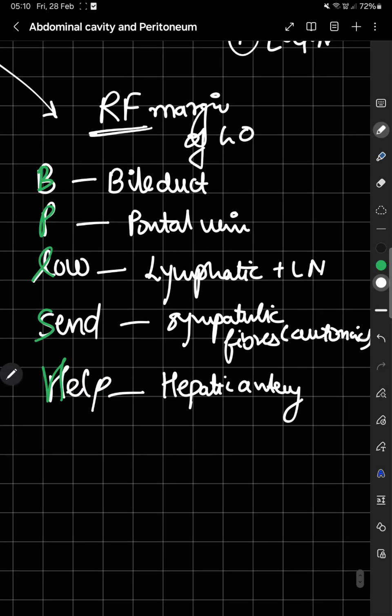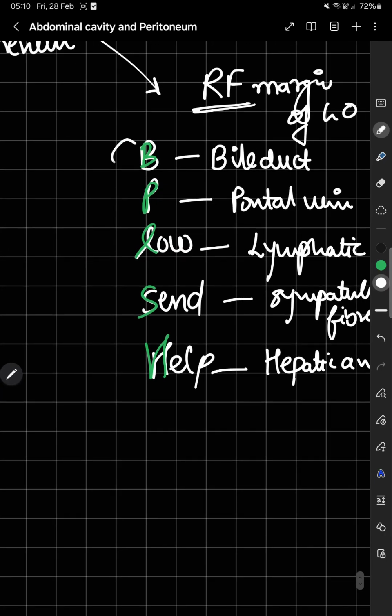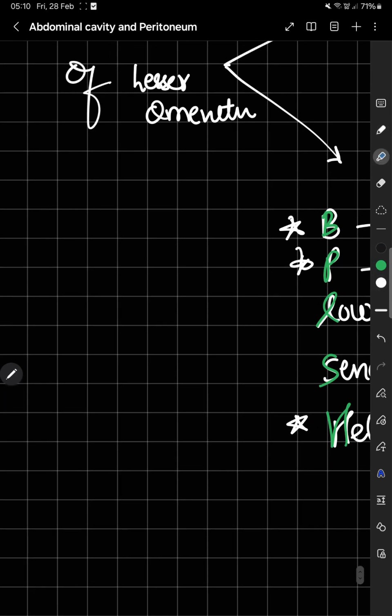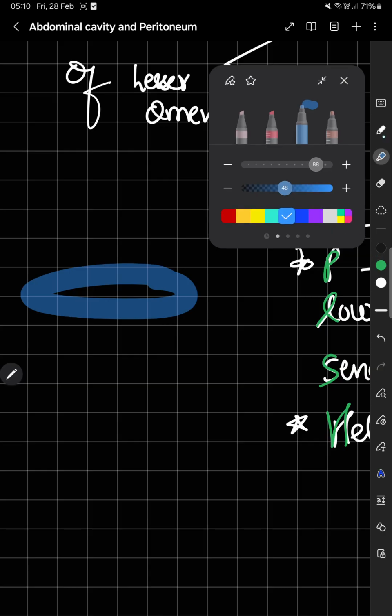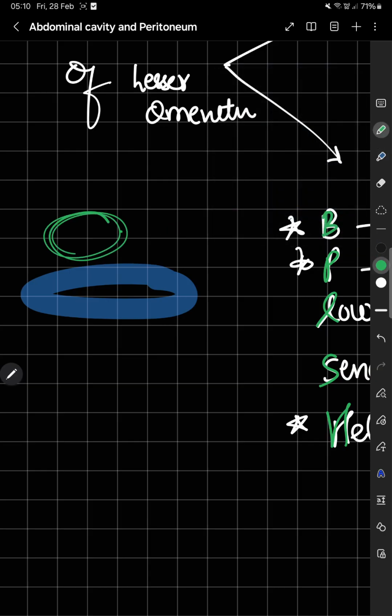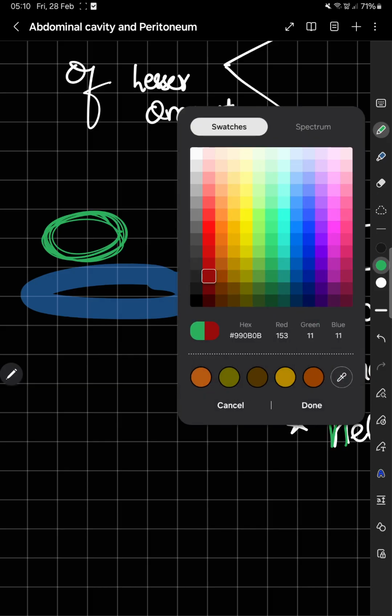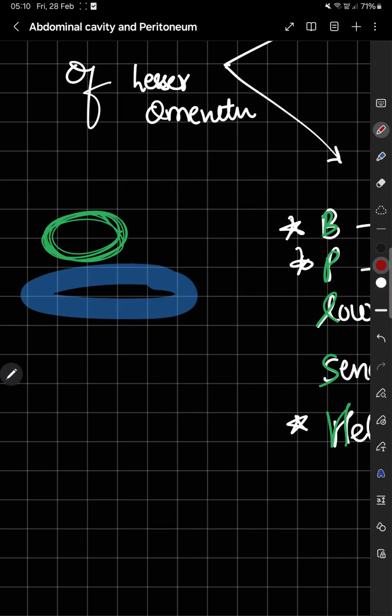Okay, now the arrangement of bile duct, portal vein and hepatic artery is important. So first thing, we'll have a portal vein, which is always behind. Then we have our bile duct somewhere over here, and then after that we have our hepatic artery.